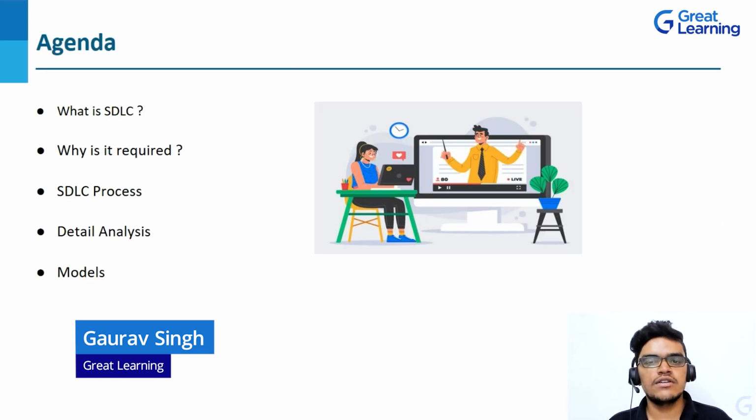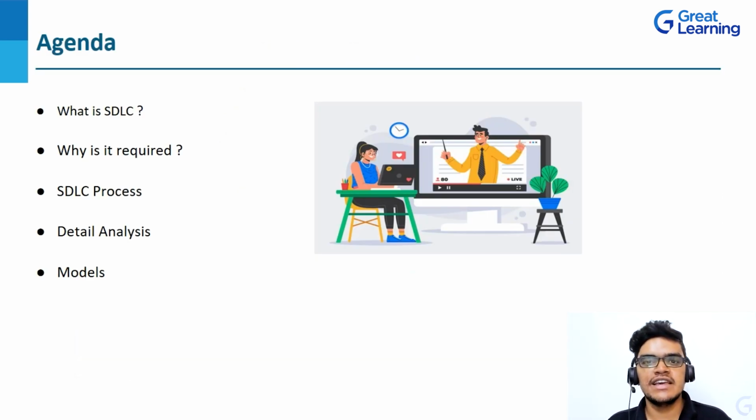Now moving to the agenda, first we'll be knowing what is SDLC. SDLC stands for Software Development Life Cycle. Next we will see why it is required, what is the need of SDLC. Moving ahead we will see the SDLC process. The SDLC process has different phases, starting from requirement gathering and analysis. Next we have designing.